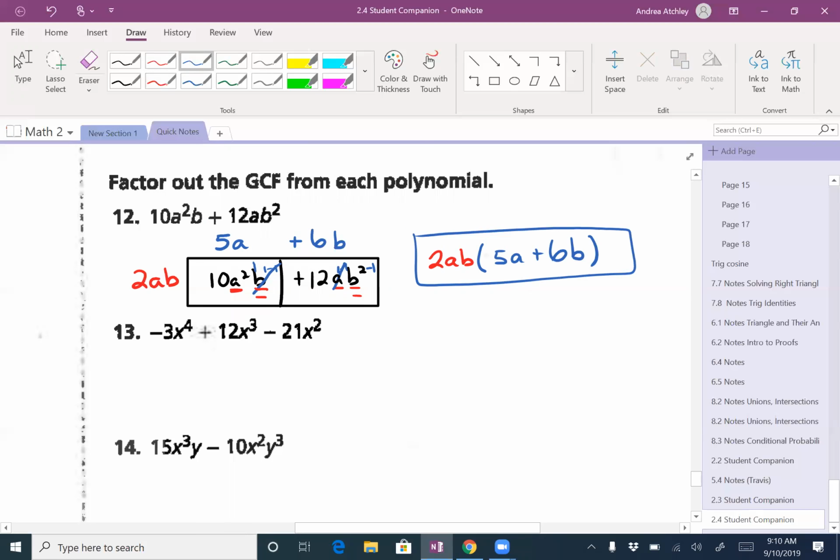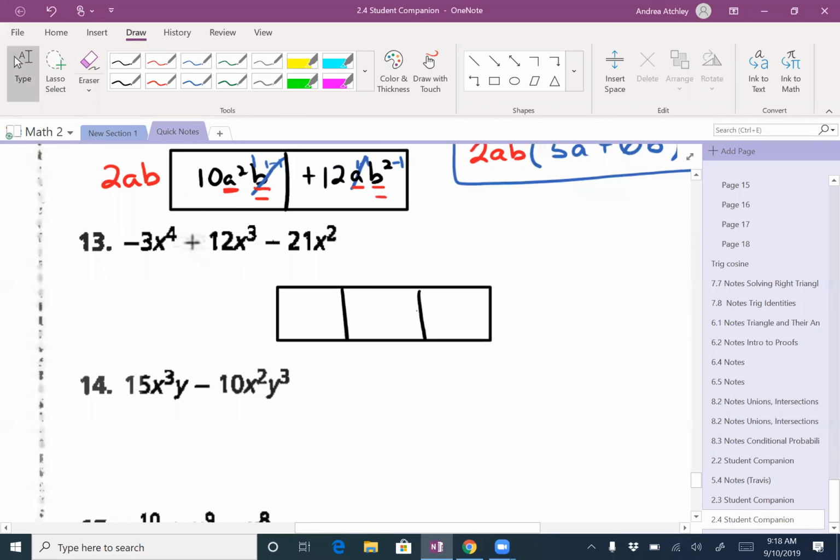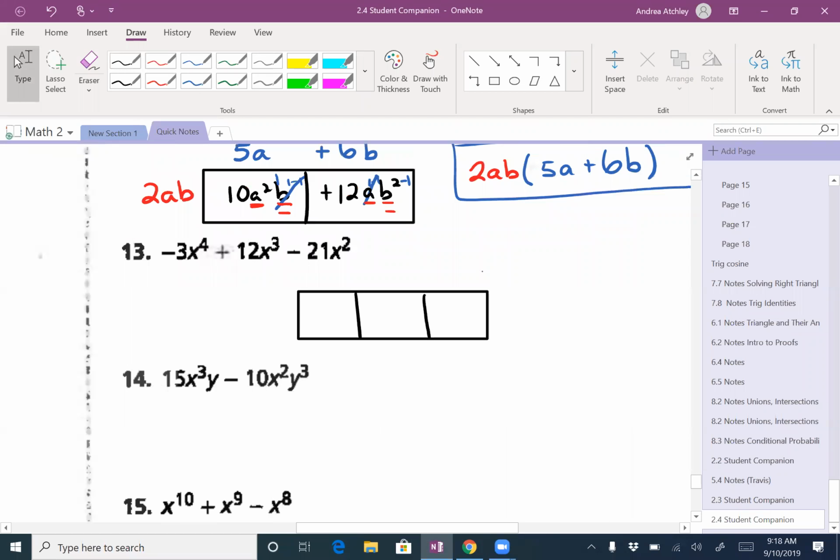Okay, I want you guys to do numbers 13 and 14. Okay, so check your work. So we have negative 3x to the fourth plus 12x cubed minus 21x squared.